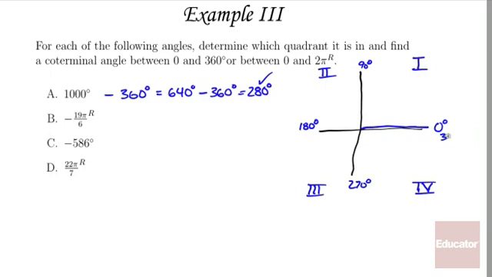And then 360 degrees would be back here at 0 degrees. So 280 degrees would be just past 270 degrees. It's a little bit bigger than 270 degrees. So it would be about right there. So that's 280. And so that puts it in the fourth quadrant.